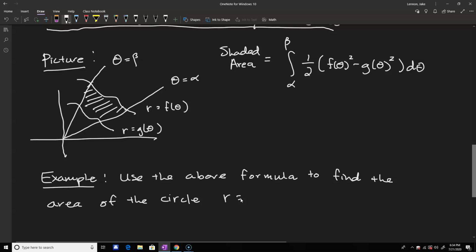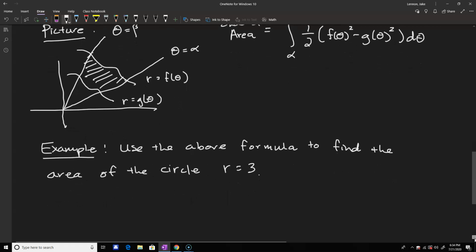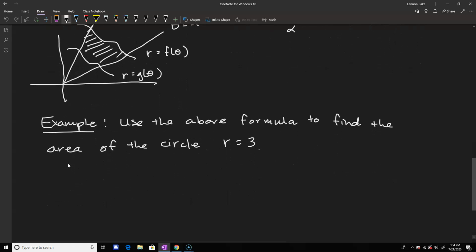Let's just say r equals 3. Basically our answer should come out to pi r squared, so we should get 9 pi as our answer. From our picture, to do one full rotation, we need to go from 0 to 2 pi, so that's how we have to integrate.